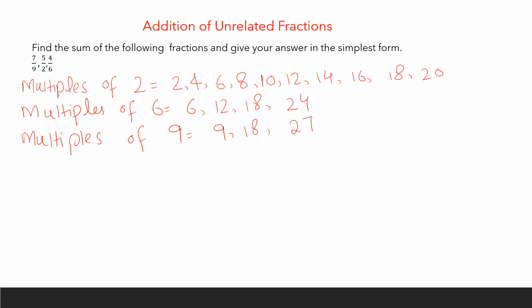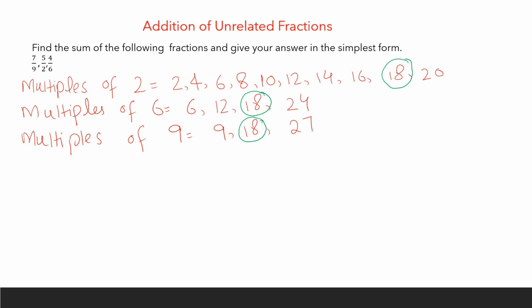Now we need to find our common multiple here. The first thing which is common, I think, is 18, and before 18 there is nothing in common. We can see 12 is in the multiples of 2 and also in the list of multiples of 6, but 12 is not in the list of multiples of 9.